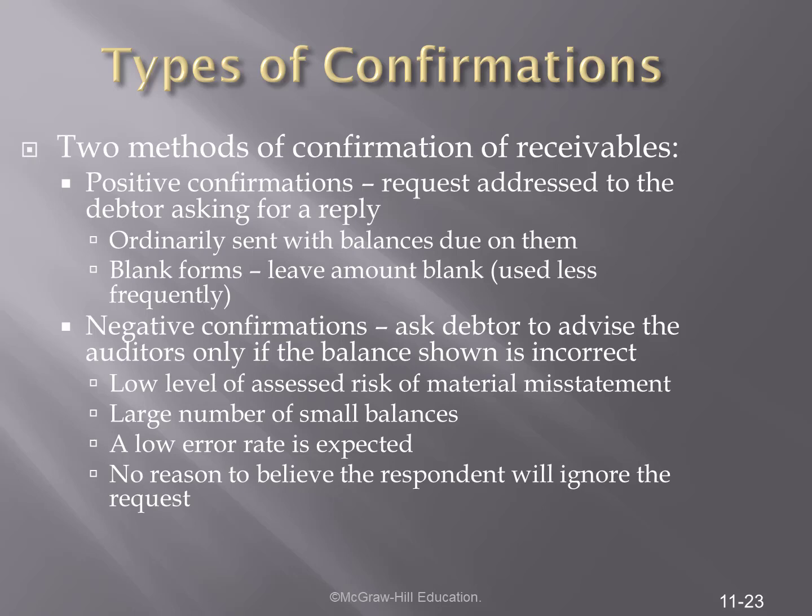In a negative confirmation, the only time we expect to see a letter or comment from the customer is if the account balance is different than what is stated on the financial record. Keep in mind that once we get this information back, the auditor will then need to reconcile any differences. Potentially the differences will be associated with the timing difference of specific payments.